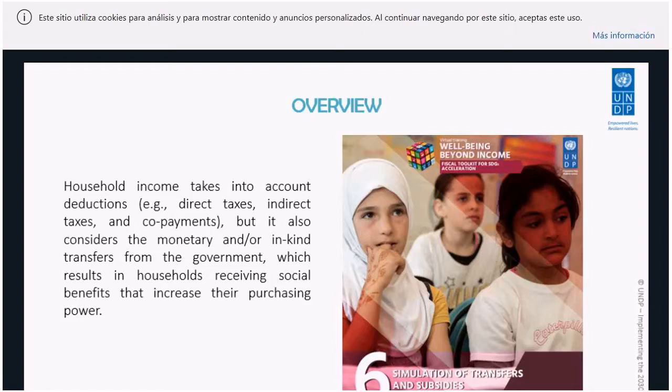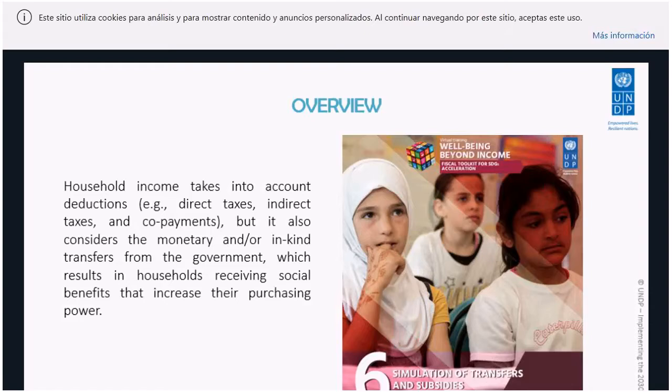So if our goal is to simulate the potential changes in any fiscal instrument as part of a fiscal reform, we have to understand what policies are put in place at that moment, in that specific context.